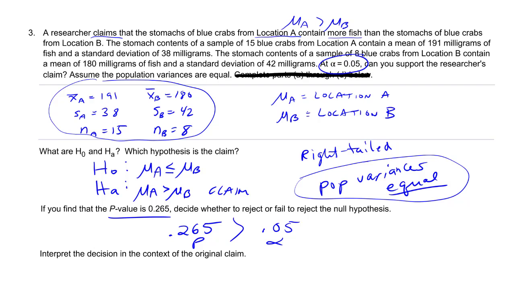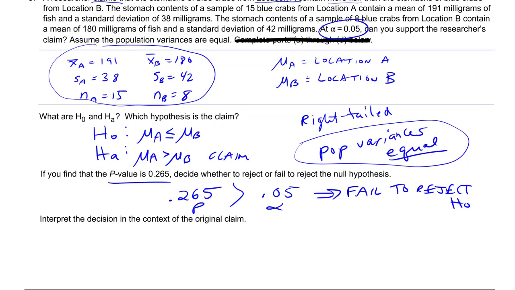Oh, that 0.265 is definitely bigger than 0.05. So with our p bigger than alpha, this is a fail to reject H0.